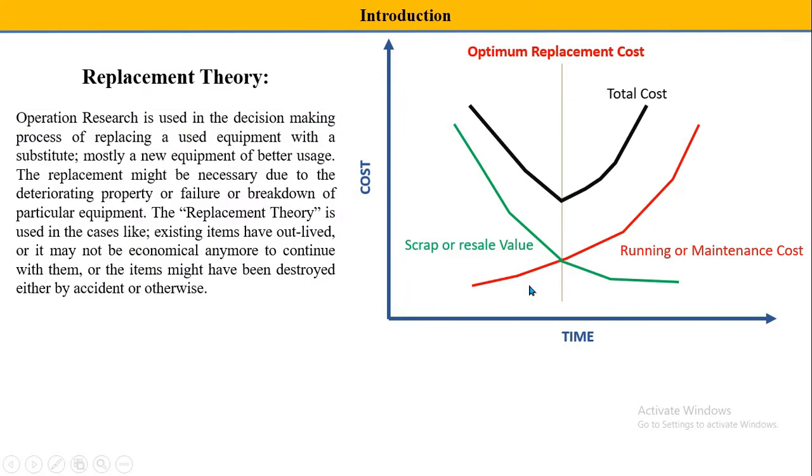Now the curves of scrap or resale value and running or maintenance cost intersect at one point, as you can see here.